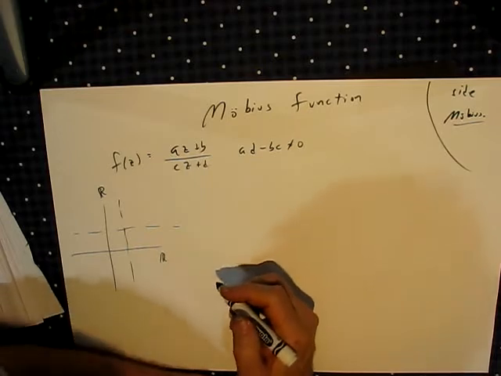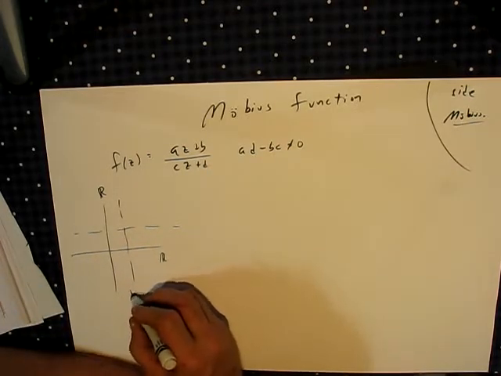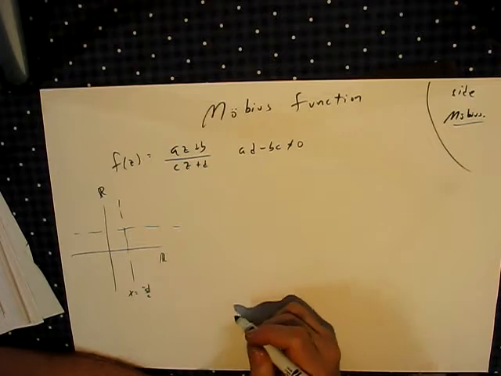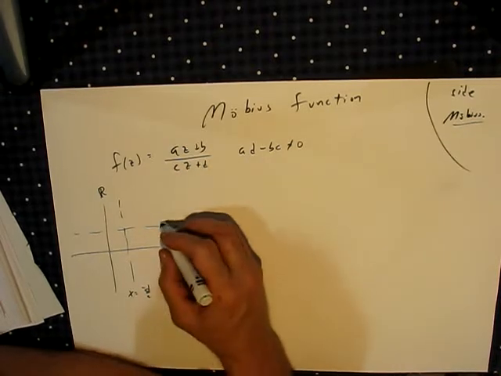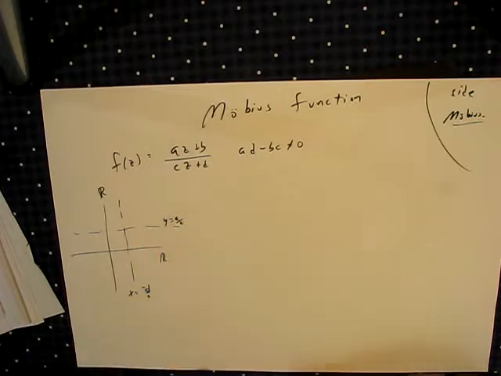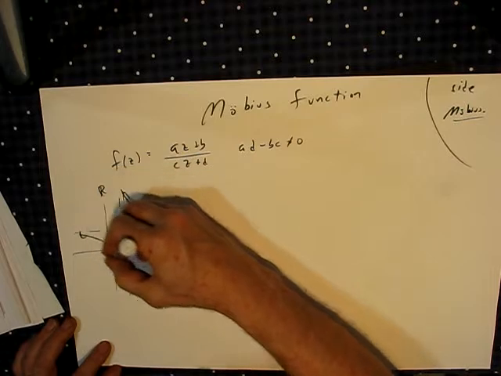Don't treat z as a complex, treat it as a real number. The first thing is, x equals minus d over c would be a bad number, so we're going to have a vertical asymptote, and as x goes to infinity, we would get y equals a over c as a horizontal asymptote, and it's pretty clear that we're used to graphing these types of things.